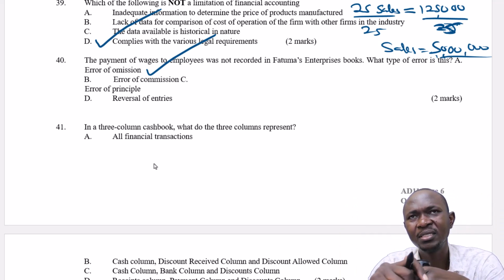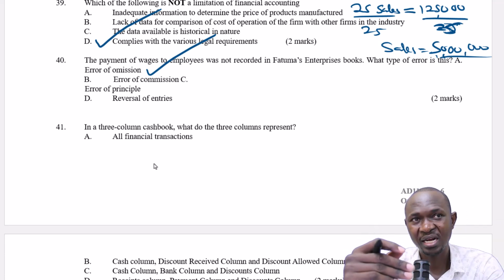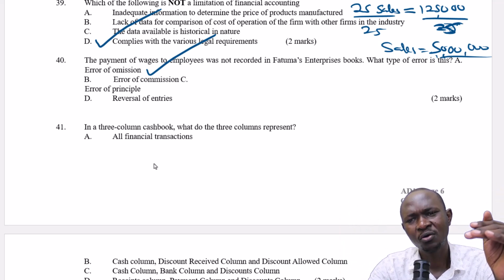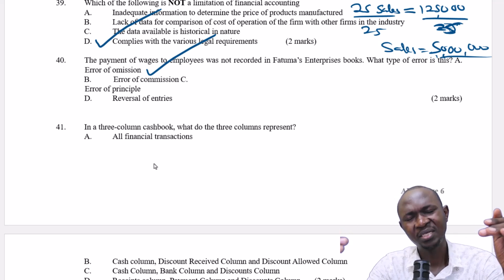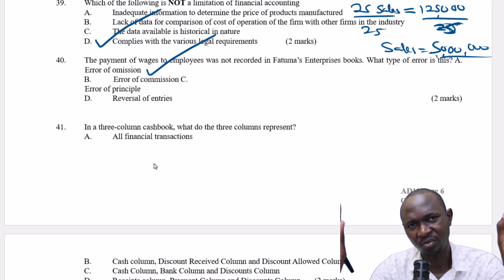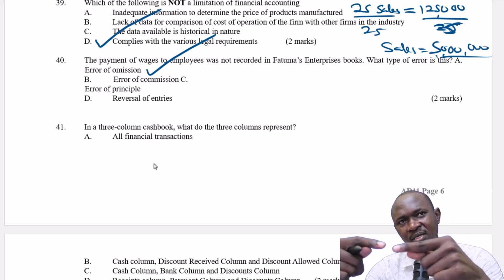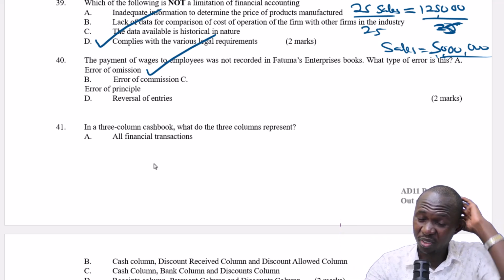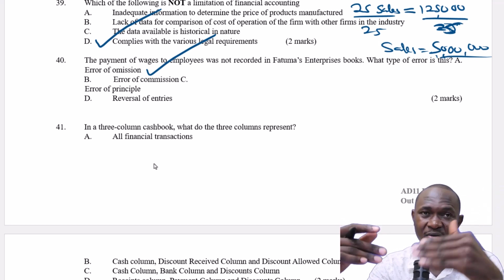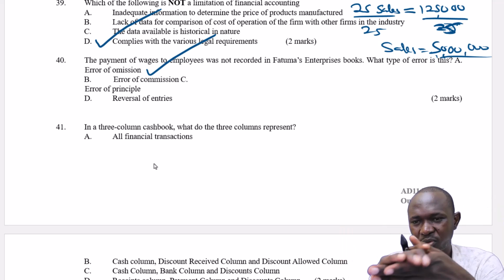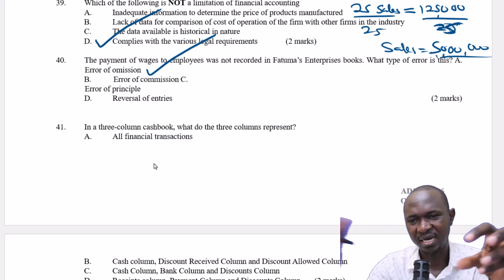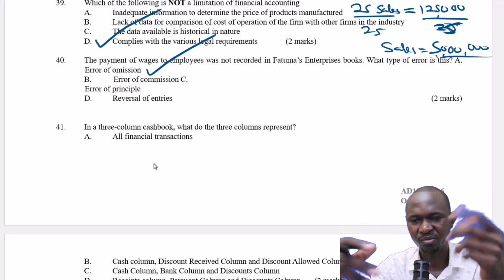Very good example is instead of debiting motor vehicle expenses account, you debit motor vehicle account. That's an error of principle. An expense has been recorded as an asset. That becomes an error of principle, or an asset being recorded as an expense. That's an error of principle. So, of course, that is not what we are talking about. Reversal entries, where you debit a credit entry or you credit a debit entry.